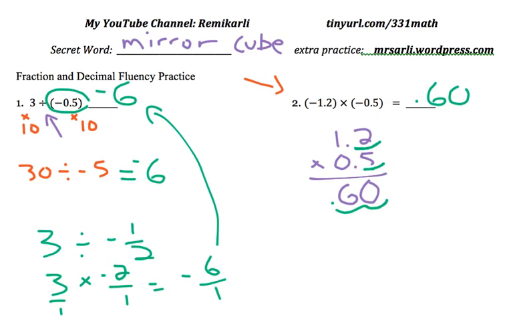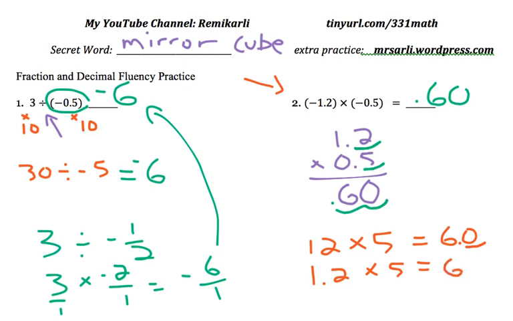But one other explanation for why, it helps me just to think of 12 times 5, which is 60. And then I know that if it was 1.2 times 5, what that would do is shift the decimal place over 1, and that would give me 6 wholes.